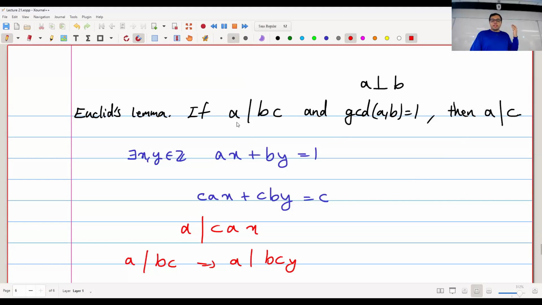So any prime number that appears in A with some power has to appear in C with the same power or higher. That's what this theorem is effectively saying. But again, we're doing it without talking about factorization into primes. We haven't even defined primes yet. That's going to be the next session.